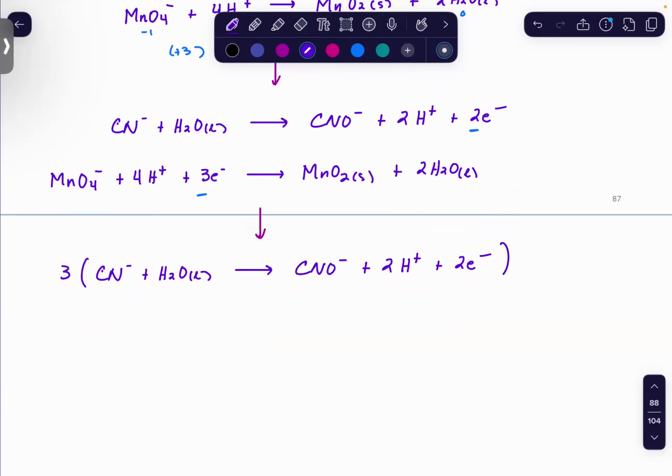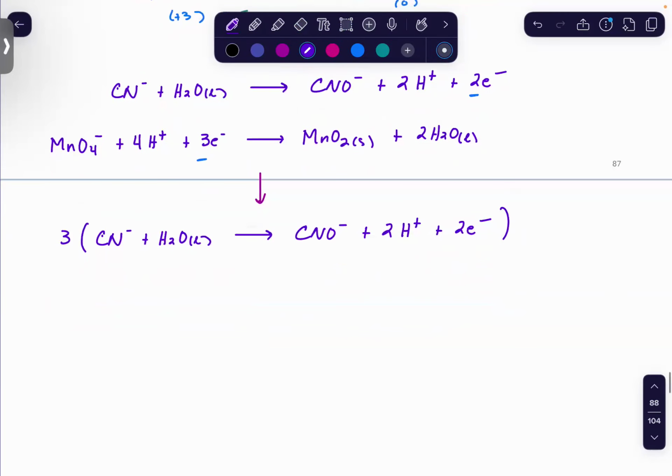Multiply this one by 3 to get 6 electrons. Multiply that in. 3 cyanides, 3 waters, 3 CNOs, 6 protons, and 6 electrons.